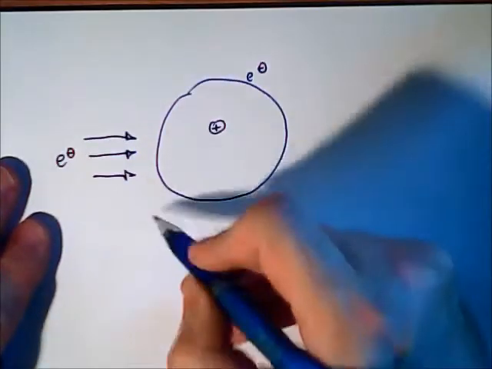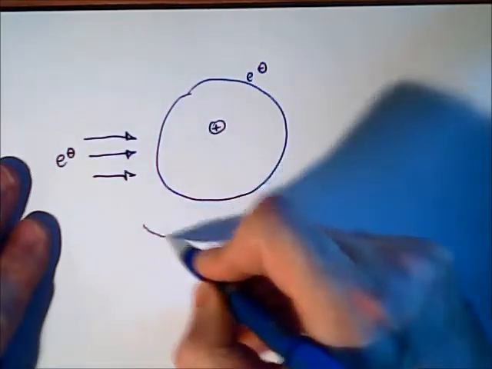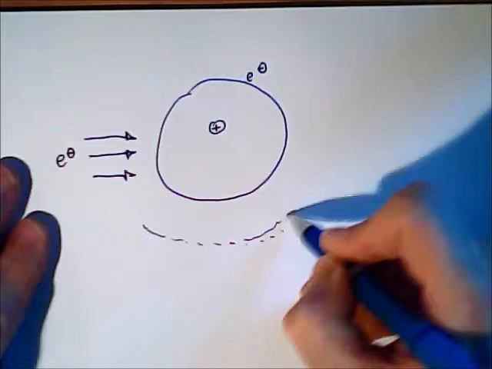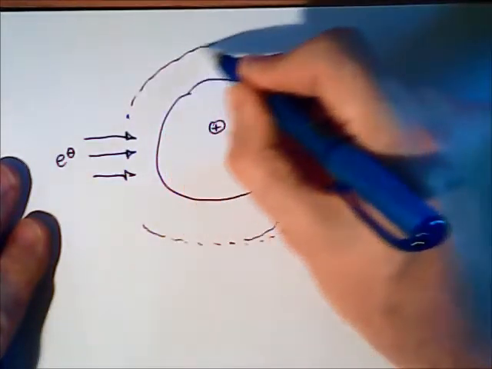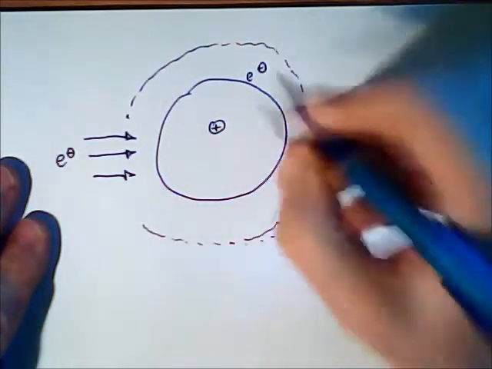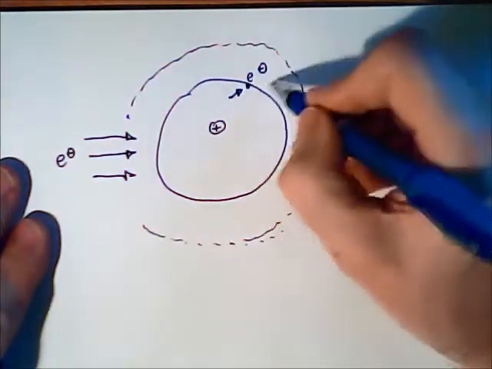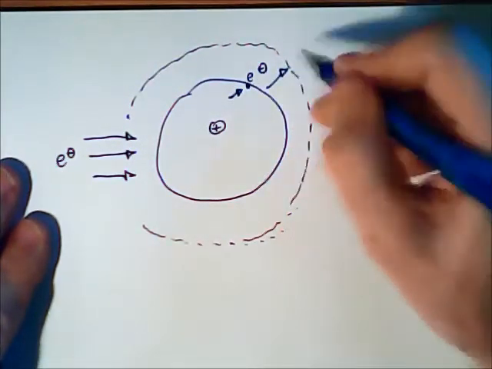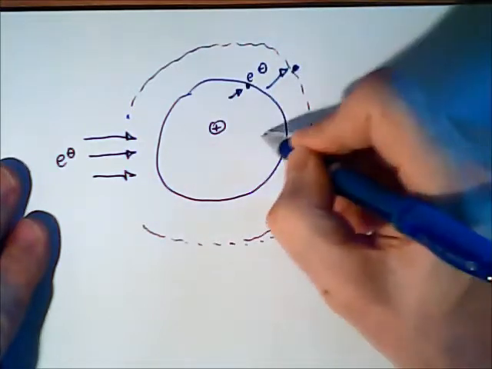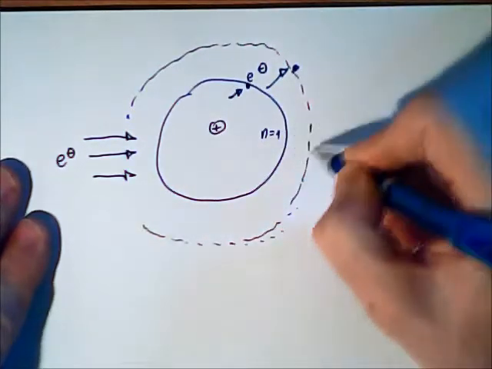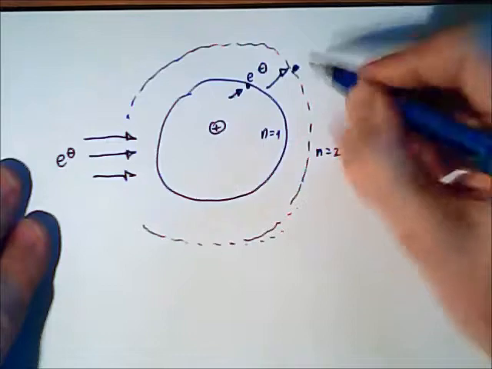When this happens, he said, then the electron in the atom, when it gets hit by one of these, can jump up to another orbit. So let's say this is orbit number 1, this is orbit number 2.